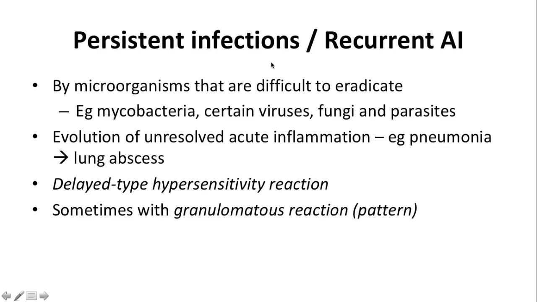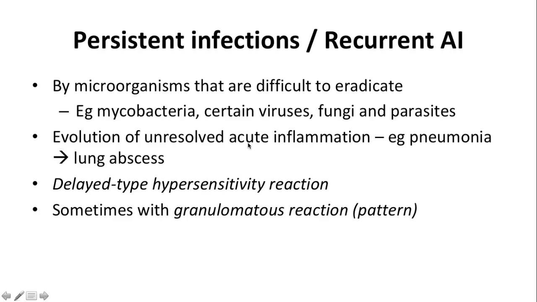Persistent infections are often the ones that cause chronic inflammation, and they are caused by microorganisms that are difficult to eradicate. Examples include mycobacteria for tuberculosis, certain viruses, fungi, parasites.